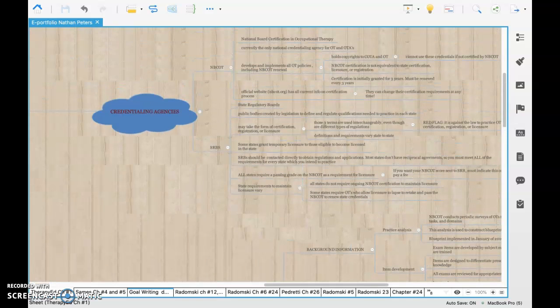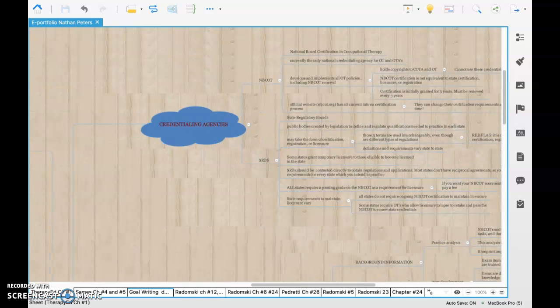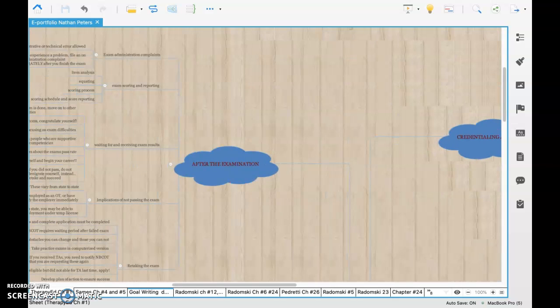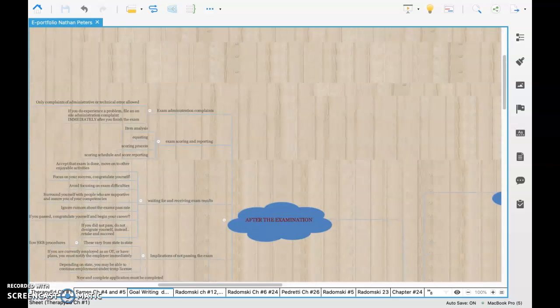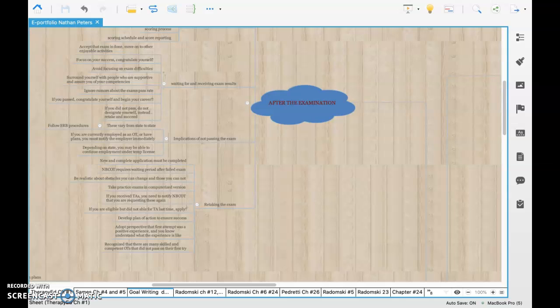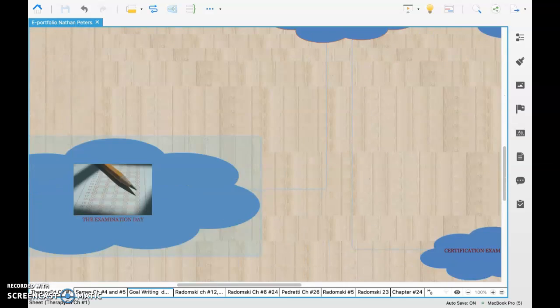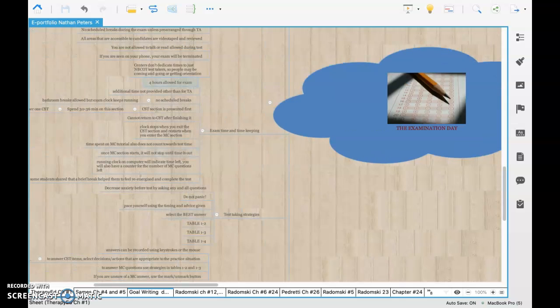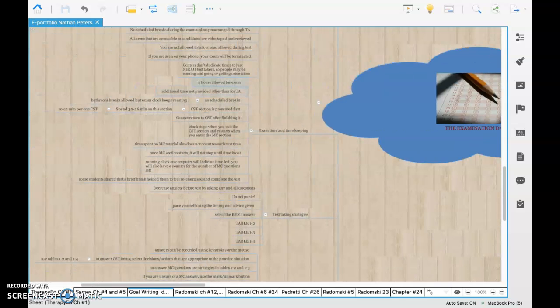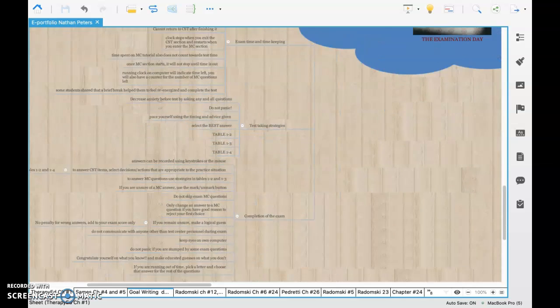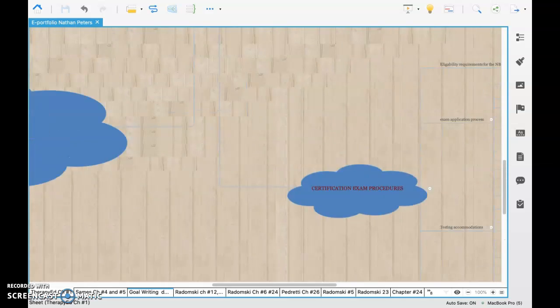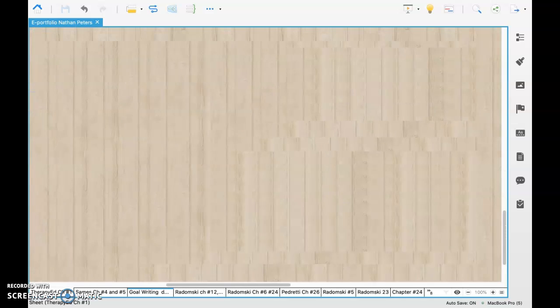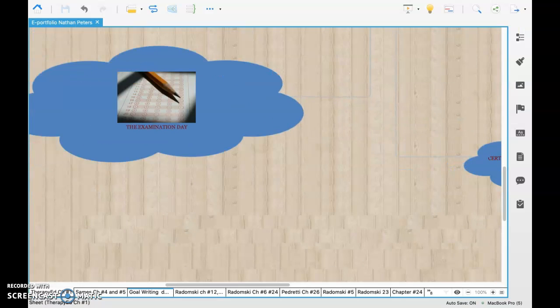Then the credentialing agency, which is NBCOT. After the exam, examination day breaks down the big one right here, 4 hours allowed for the exam. Just knowing what to expect is always good, and I think this is definitely the first process to have.